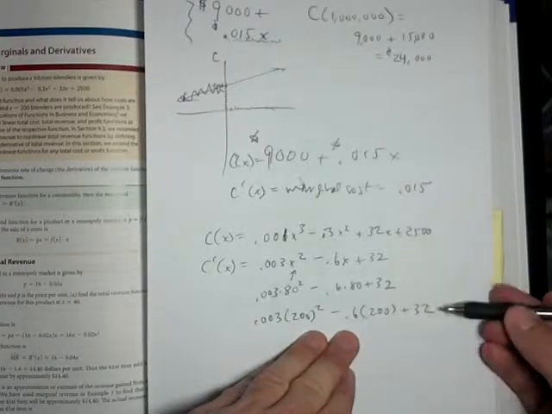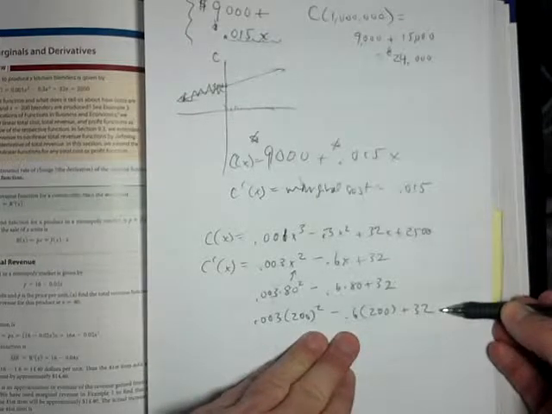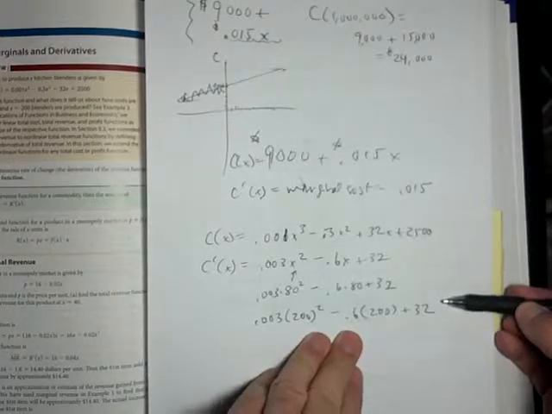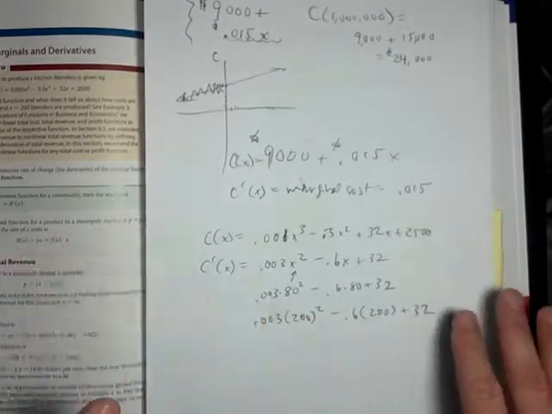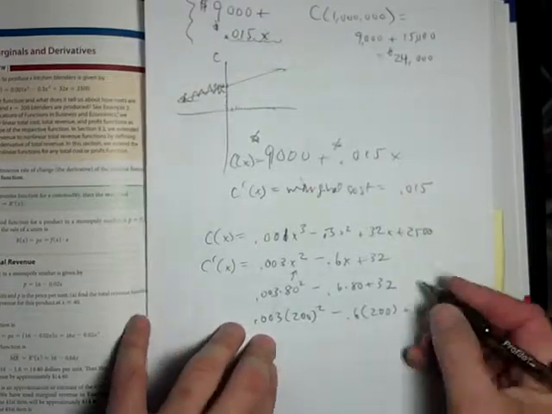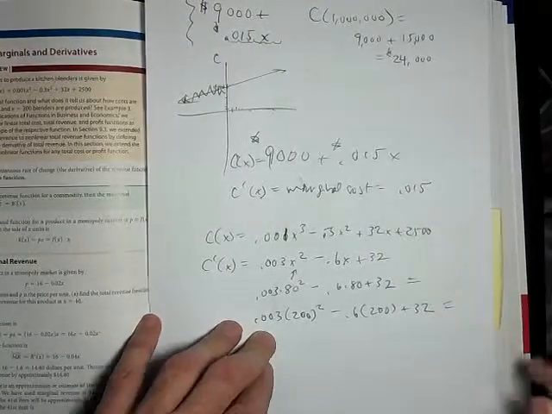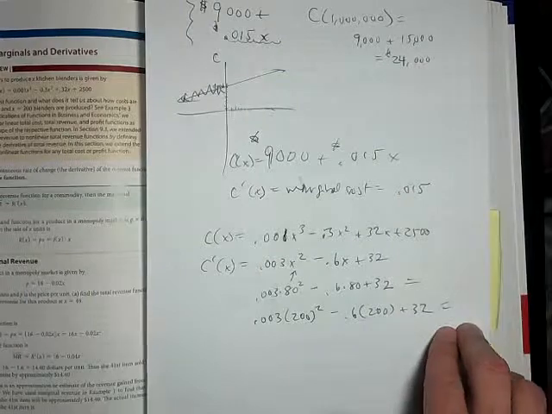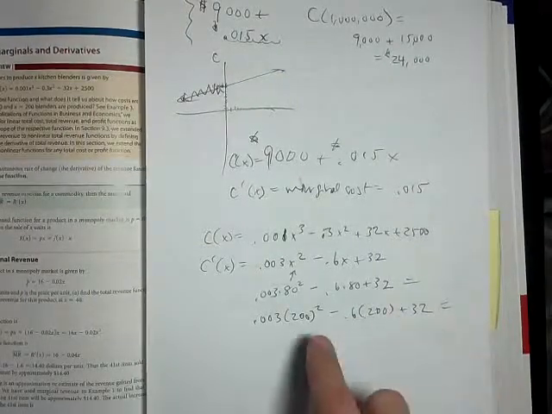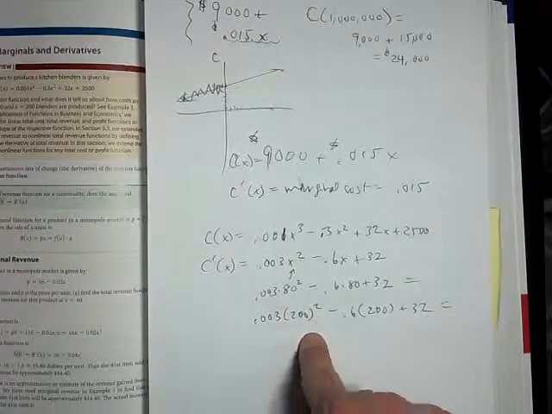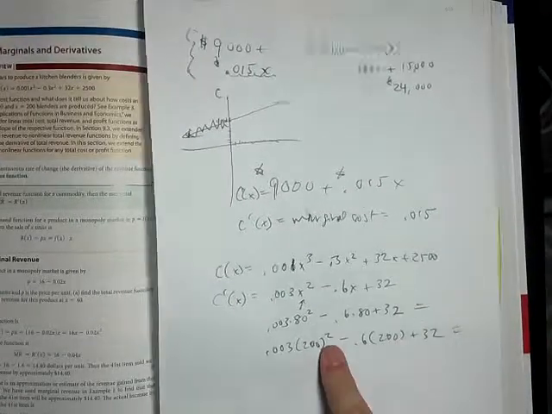It looks like this one's going to be bigger, which seems weird. It would seem like the more blenders you make, the lower your cost would be, but apparently in this function, it's just the opposite. But I could be doing that wrong. Just do this in your calculator, find out what these two values are, and that tells you approximately what the marginal cost of each of them is when you make 80 blenders versus when you make 200 blenders.